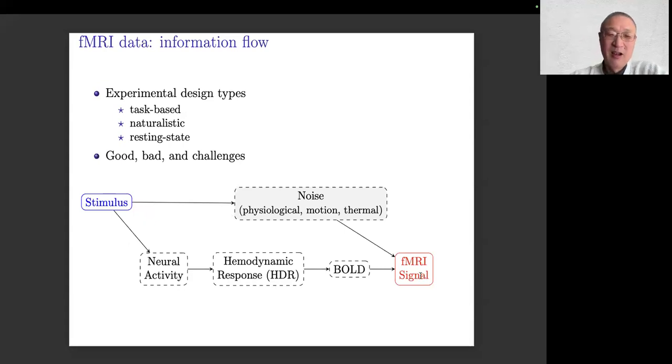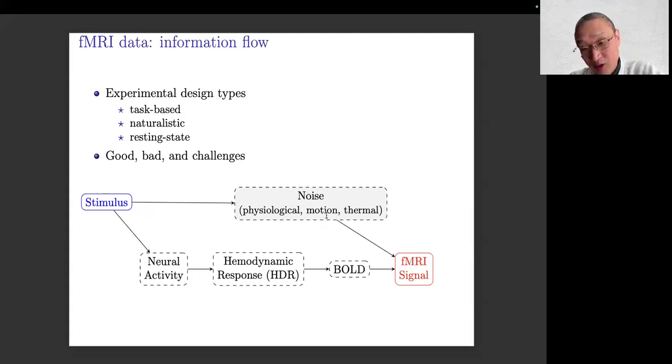In the end, ideally, we would really like to say something about the neural activity. Unfortunately, we cannot, because we can only say something about the signal. Well, before we can say something about the signal, those are noise that can contaminate the signal.